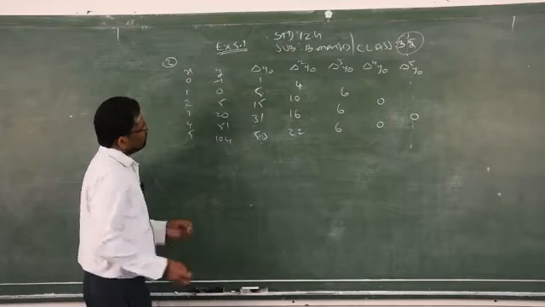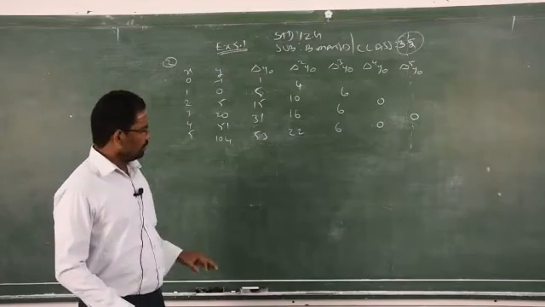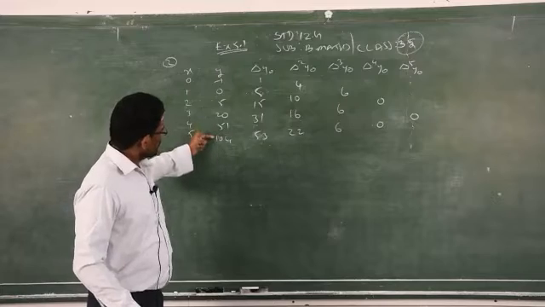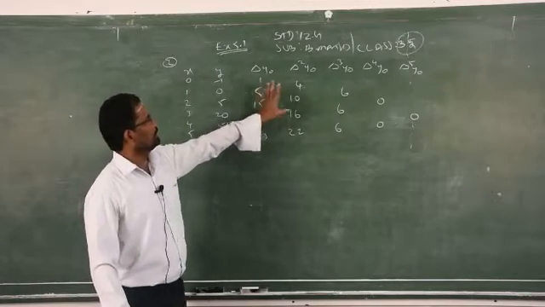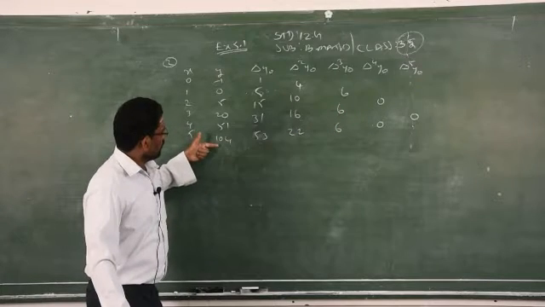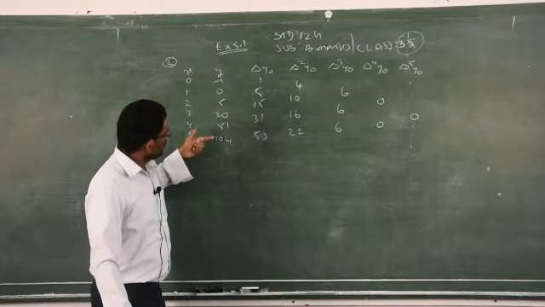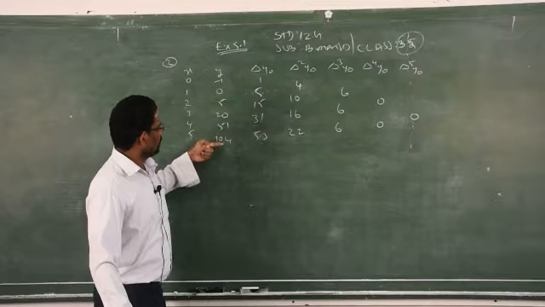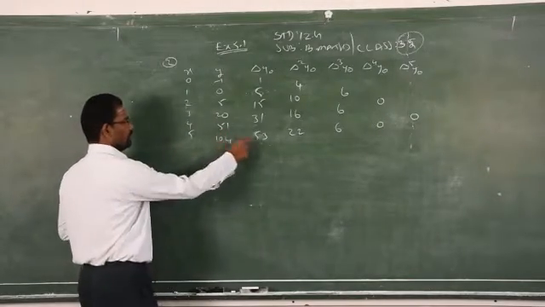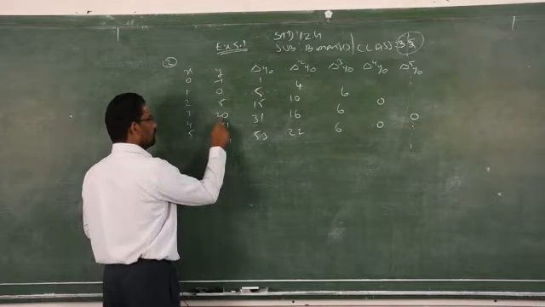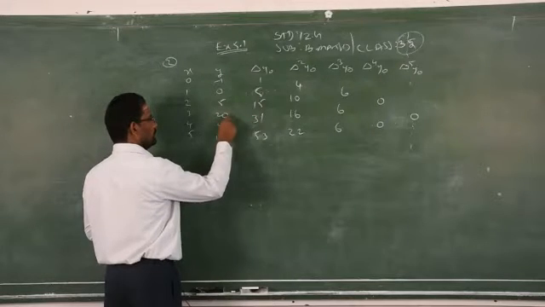This is very simple. Let me recollect how to get delta y naught and so on. Subtract the numbers from the bottom onwards: 104 minus 51, write down the answer between these two data. Then 51 minus 20, write the answer between these two.